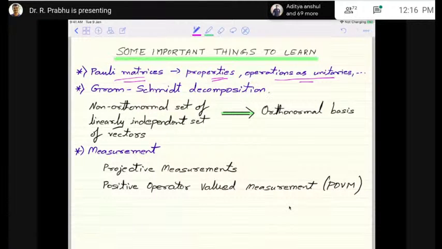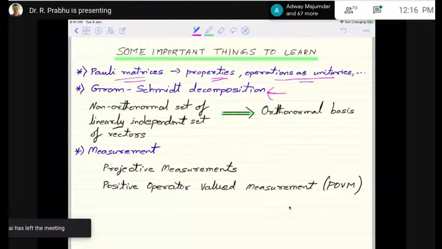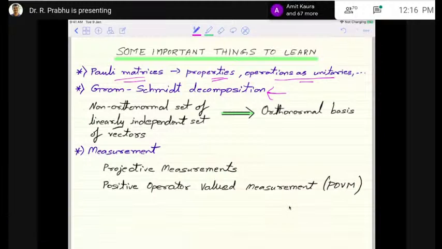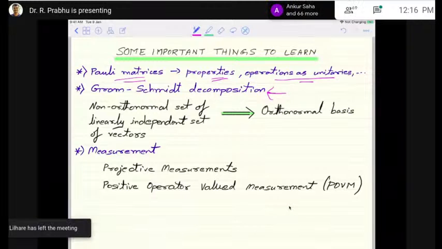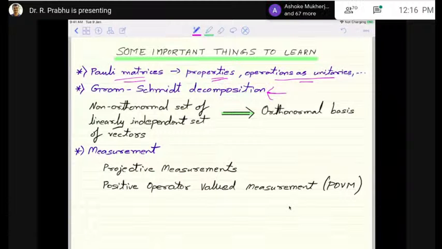There is also one particular aspect called Gram-Schmidt decomposition, in which if you have a set of non-orthonormal, linearly independent vectors, that is, they are not basis vectors, and you want to convert them to an orthonormal basis, there is a procedure for this, called the Gram-Schmidt procedure. Please try to learn about this.